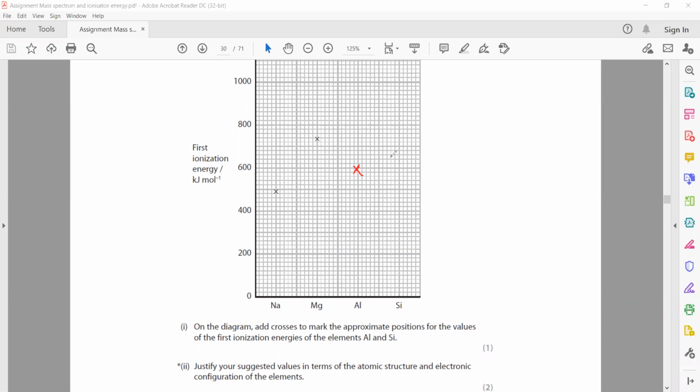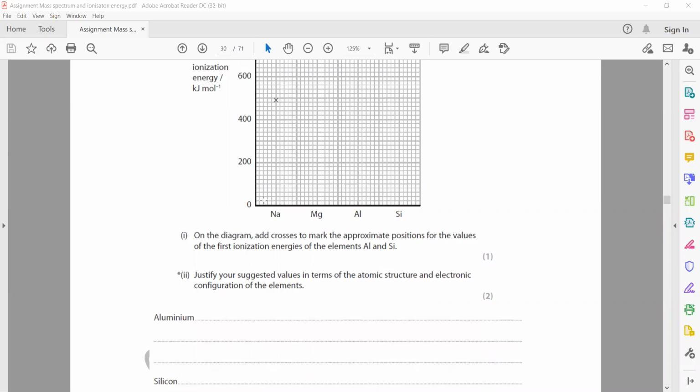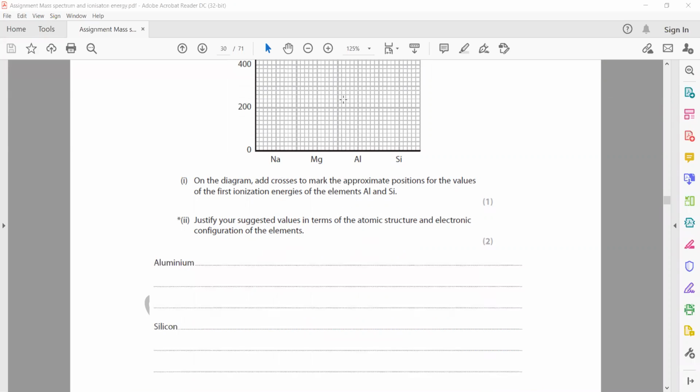Silicon will be higher than magnesium. Justify your suggested value in terms of atomic structure and configuration of the element. So why do we mark aluminium between, and why do we mark silicon at a higher position?